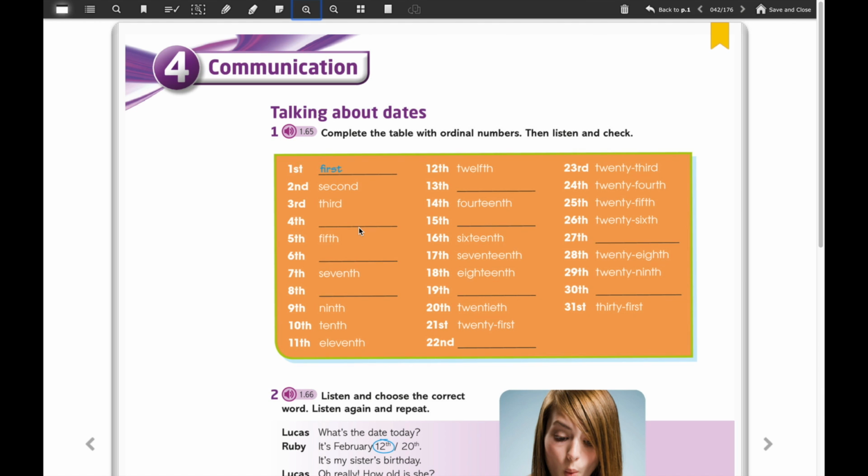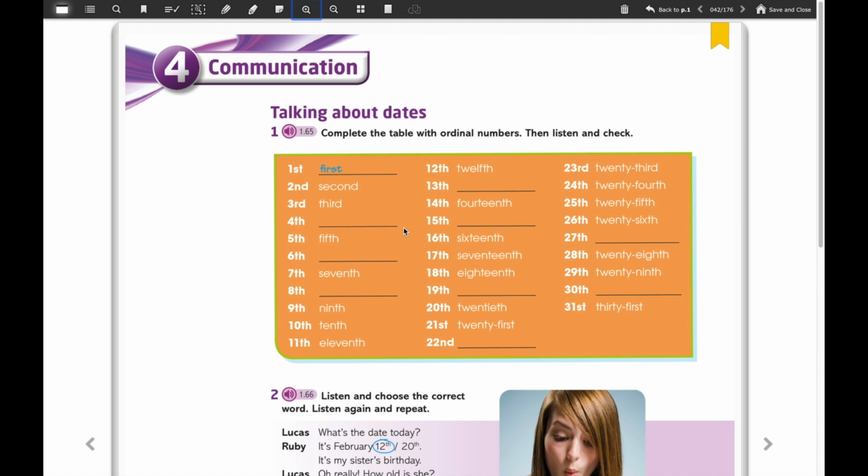Remember, that is not 1, 2, 3, 4, 5. It's not cardinal numbers, they are ordinal numbers. So in Spanish, this will be like primero, segundo, tercero. How do you write in English? Cuarto, okay?